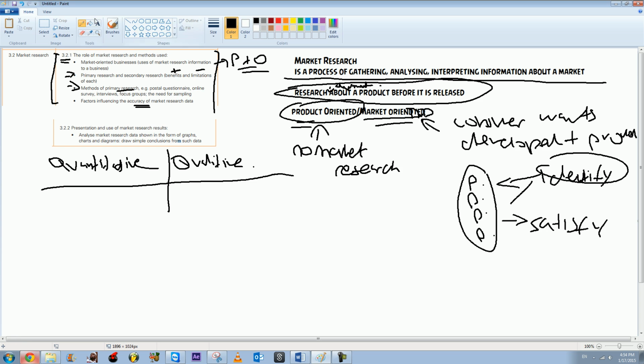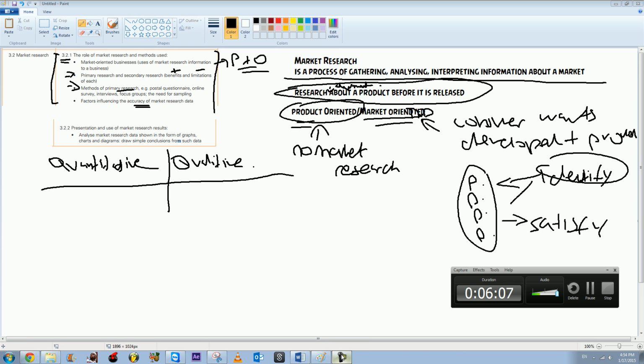Quantitative research is basically getting numbers, percentage amounts, those types of things, while qualitative is more personal: why, what do you like?